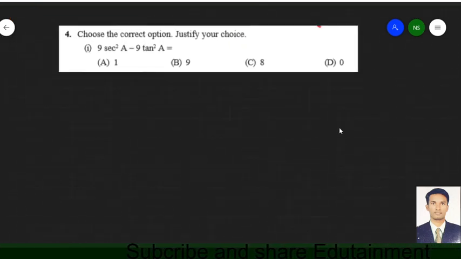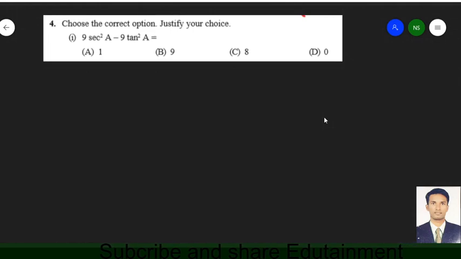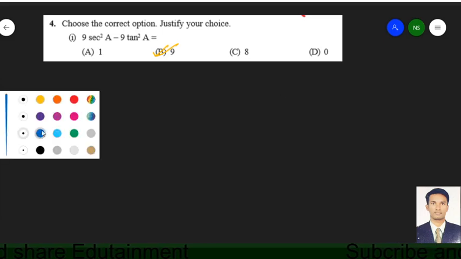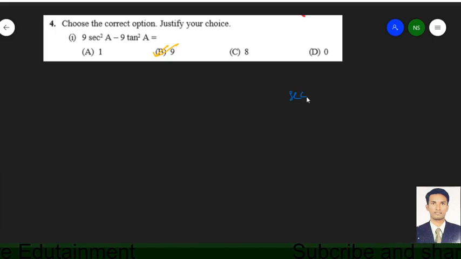Choose the correct option, justify your answer. 9 secant square A minus 9 tan square A is equal to 9. Why is that the correct option? We'll see now. We have secant square theta minus tan square theta, which is equal to 1.